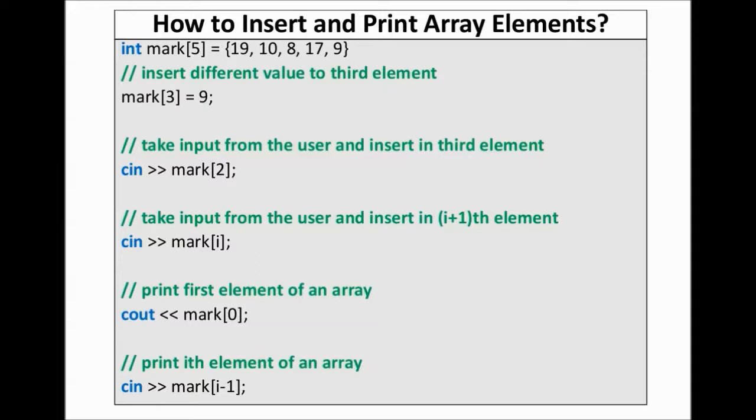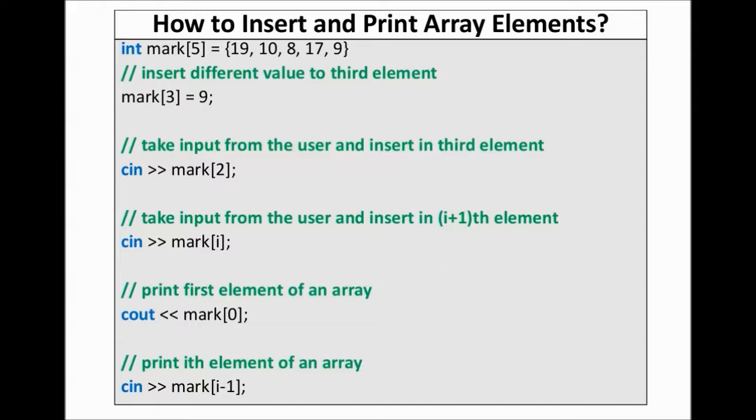For example, if we want to change the second element of the array, then we use cin >> marks[2], and the user gives the desired value. We change the second value of the marks array, that is 8, with the new value.